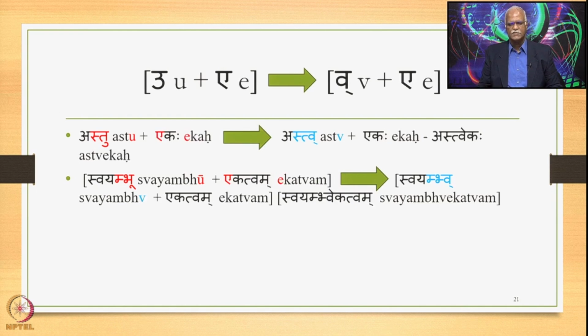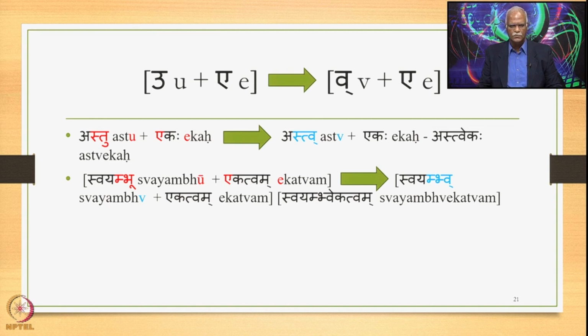Then we have next U followed by A as the input, 6177 applies, and the output is V followed by A. So the example is Astu plus Ekaha, 6177 applies and gets the output Astva plus Ekaha, that is Astvekaha.